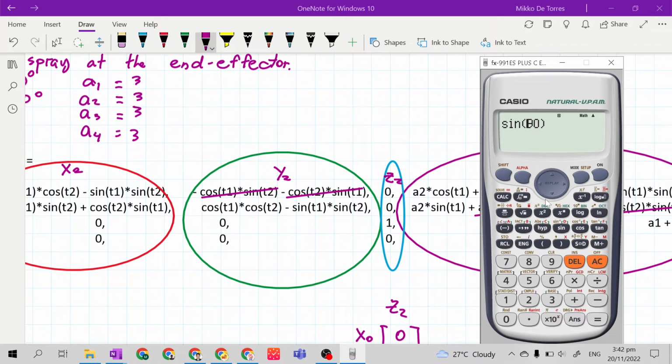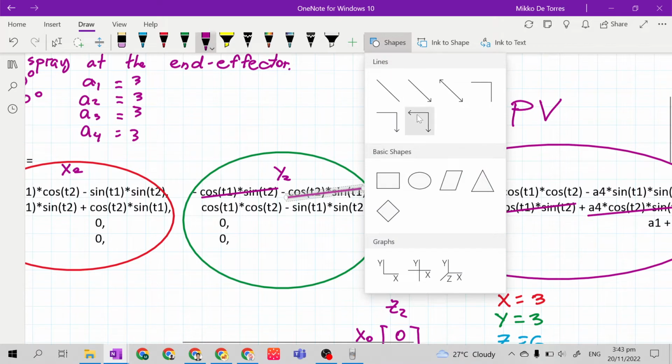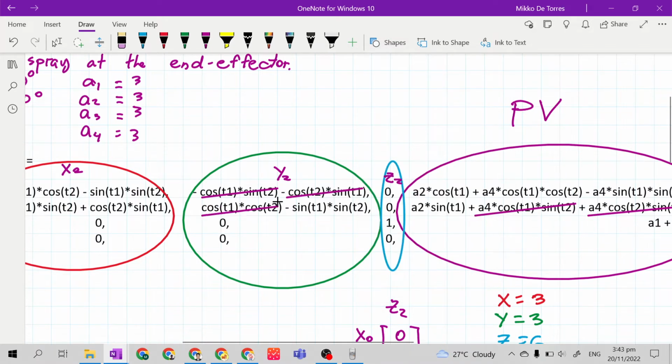Sine negative 90 is equal to negative 1. So 1 times negative 1 is negative 1, but this will become 0, so 0 minus negative 1.